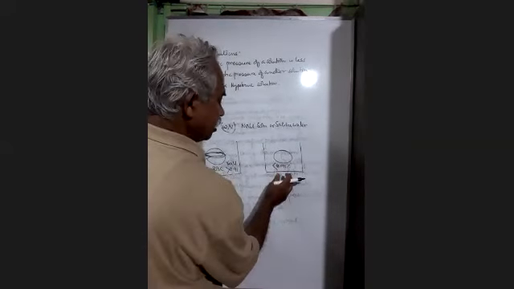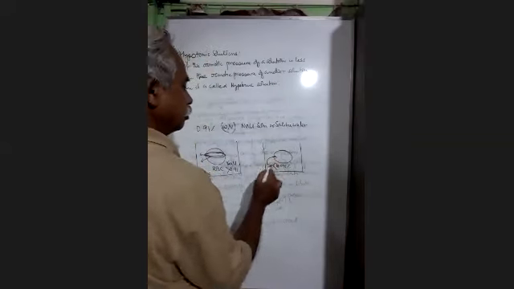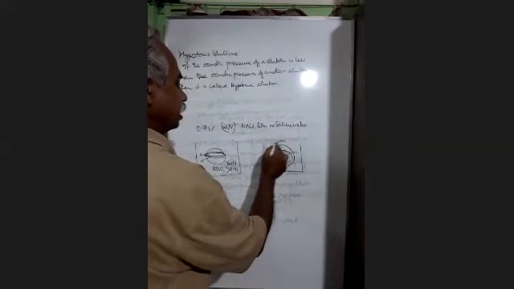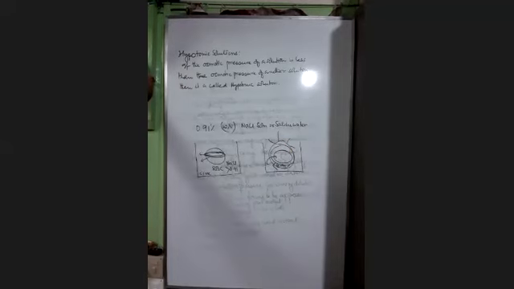The osmotic pressure here is less, so the fluid will move in. It will swell, and the time will come when it will burst. So the RBC will swell and ultimately burst. In that case also, the patient will die. So one has to be extremely careful.